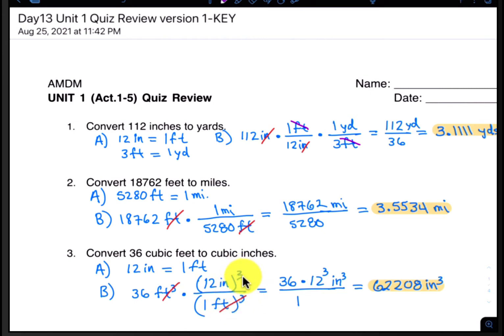But we have to cube both of those because the feet are cubed here. Then the feet cubed cancel here and here, and then that leaves us with 36 times 12 to the third power divided by 1. When you put that in the calculator, 36 times 12 to the third, you get 62,208 cubic inches.